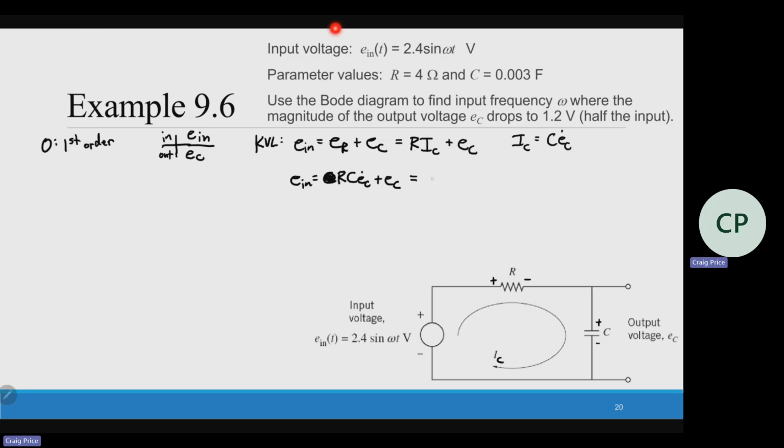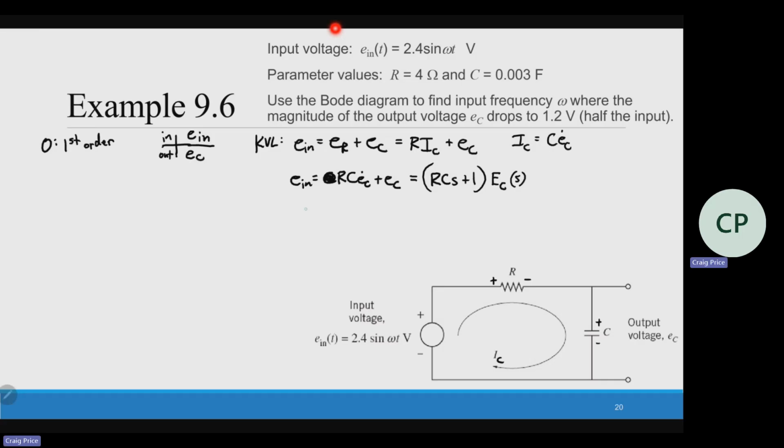So if I turn this into the S domain, we can take that dot, and now dot becomes S, so we can combine these two capacitor voltages together.